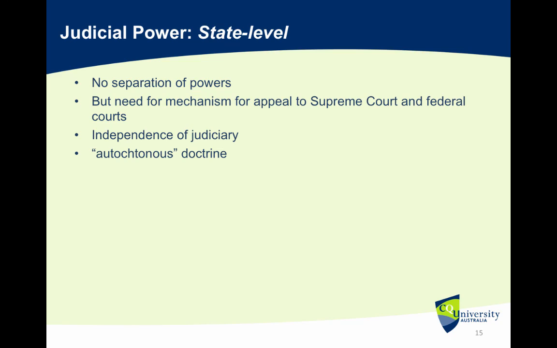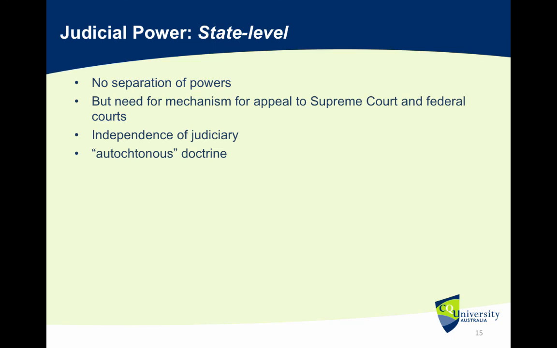The autochthonous doctrine states that although state courts and their judges may be permitted to have non-judicial functions, there is a recognition that in certain cases, these state courts are actually part of federal courts, in the sense that Supreme Courts of states, for example, are part of the federal court system.